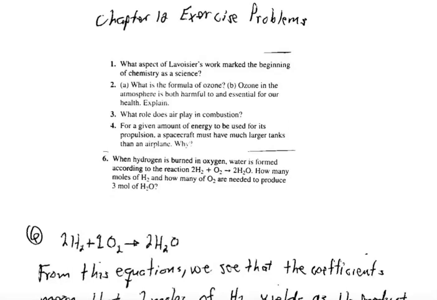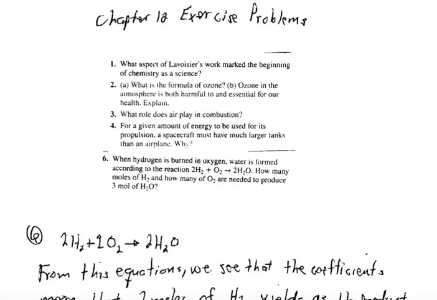Number two, what is the formula of ozone? And B, ozone in the atmosphere is both harmful to and essential for our health. Explain. The chemical formula for oxygen is O2. For ozone it is O3. Just that simple.